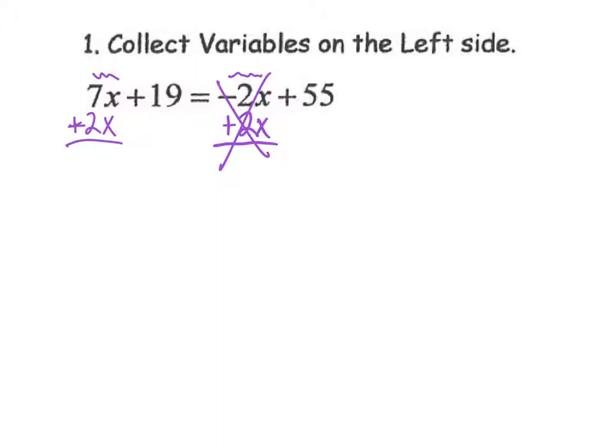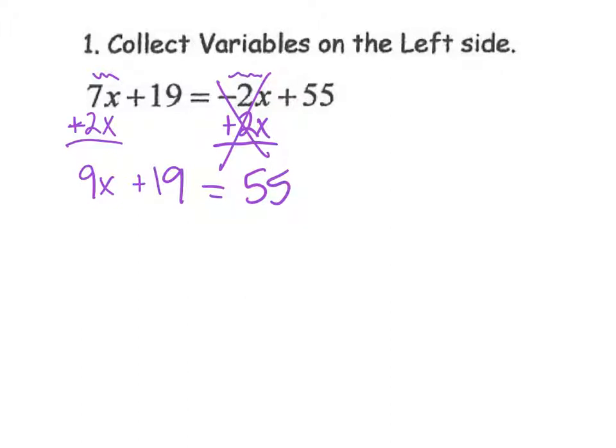What is 7x plus 2x? Variables together, 9x. Not 9x squared, just 9x. The 19 stays. The 55 stays. Ask questions as they arise. Wait, but it's plus 55. Positive.